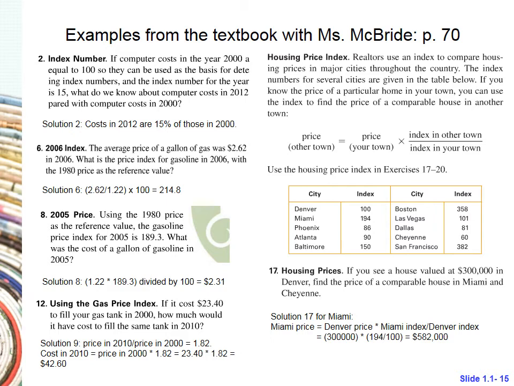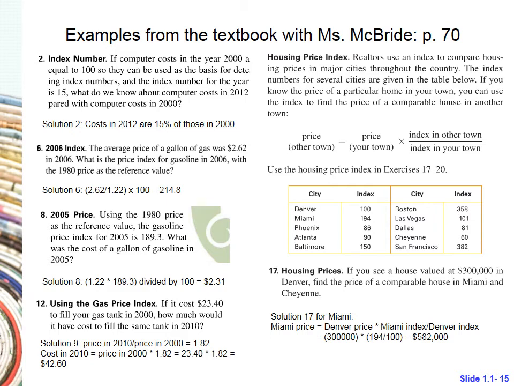So now my cost in 2010 would be the price in 2000 times that amount, because that's what my index says. It says that the price in 2000 times 1.82 will give me the price in 2010. So my price would be $42.60.